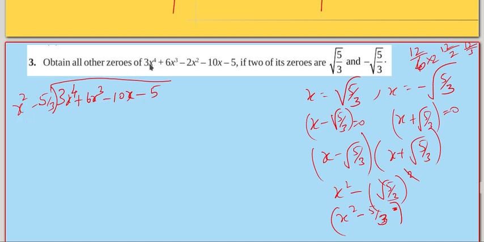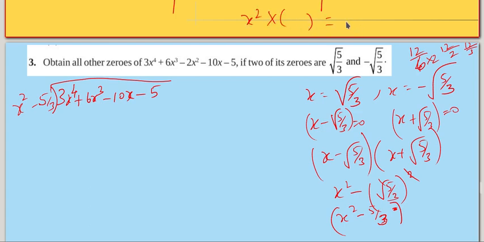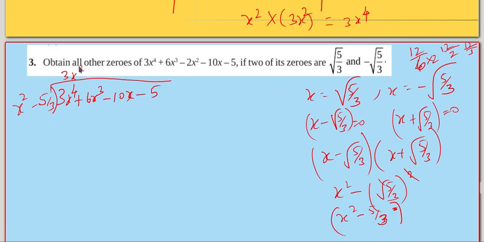We need to get 3x to the power 4. We have x square. With this, what if we multiply? We will get 3x to the power 4. So x square is there; we need one more x square and 3 also. So 3x square we have to multiply. So 3x square is our first quotient.